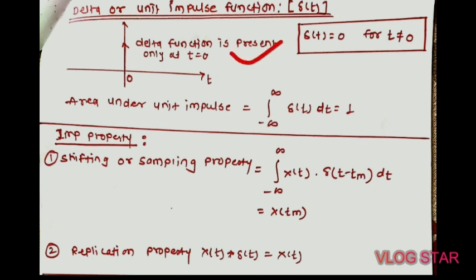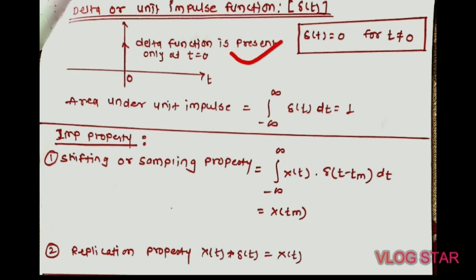It is present only at t equal to 0. Its width tends to 0 and its amplitude at t equal to 0 is infinitely large, so that the area under the pulse is unity, that is 1. Due to unity area, it is called the unit impulse function.